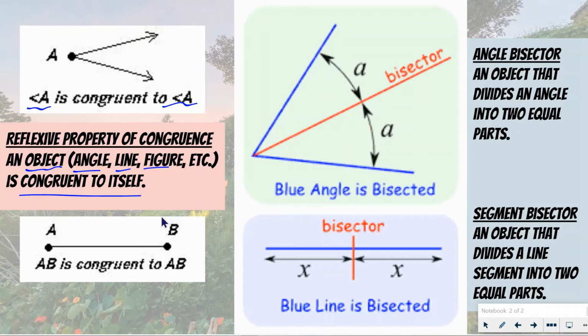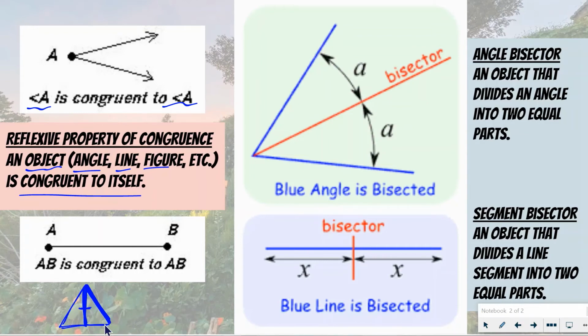And the reason we might need to say that is because sometimes parts of shapes or objects in shapes are used twice. So they might be used in two different triangles, like this side is a part of this triangle on the left side, and it's a part of this triangle on the right side, and we would say that it's congruent to itself, so that I can say that parts of this triangle are congruent to parts of that triangle.